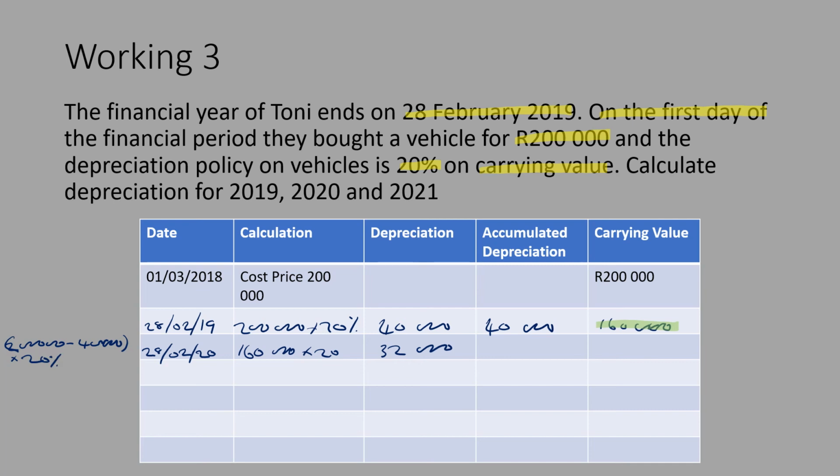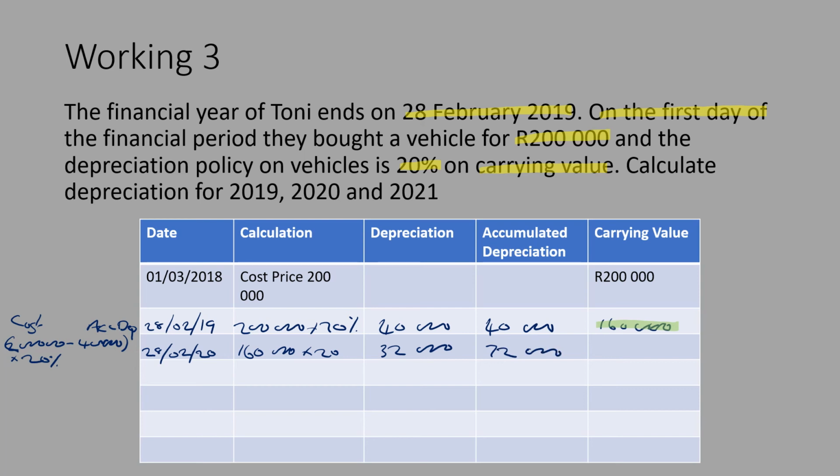So this is my cost, and this is my accumulated depreciation. You say cost price minus accumulated depreciation, then the result of that you multiply by the rate of depreciation, which is 20% in this particular scenario. So our accumulated depreciation will be 72,000.